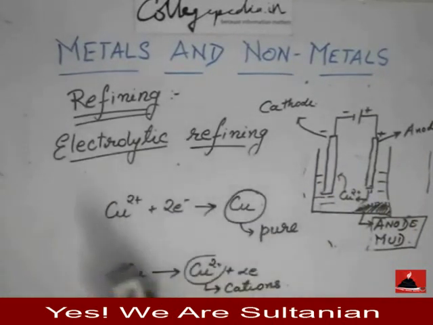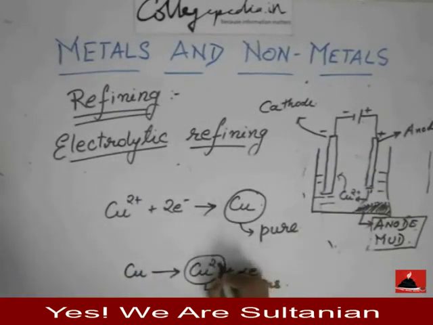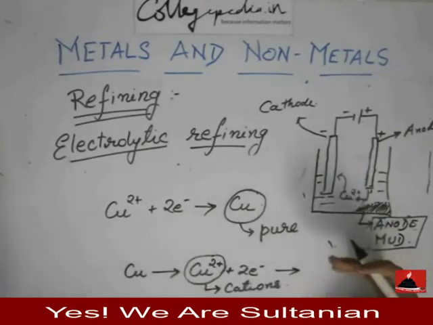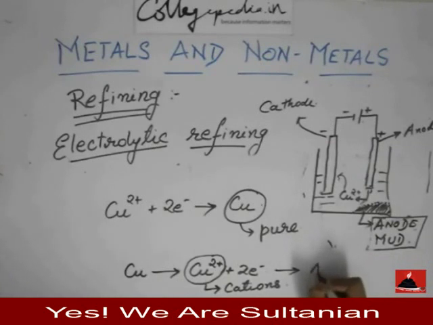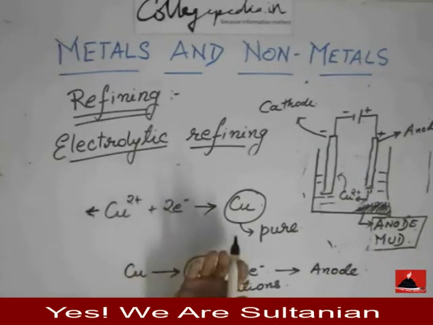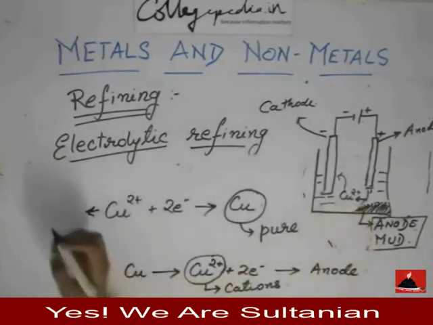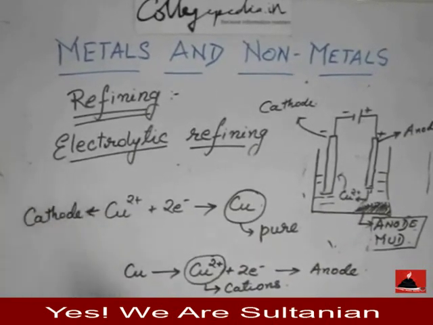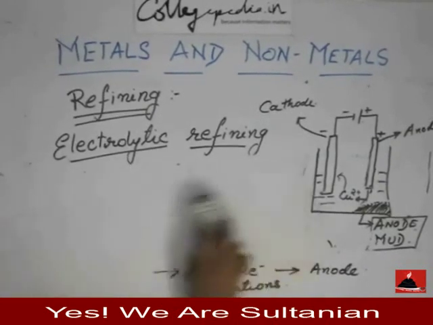So this is the method of electrolytic refining, and they'll ask you where these reactions take place. Write the reactions. So just write that over here electrons are getting released, so there should be a positive charge, so this is the anode, and here electrons are getting taken, so cathode has to supply them, so this reaction will take place at the cathode.